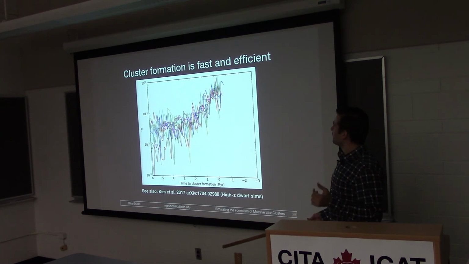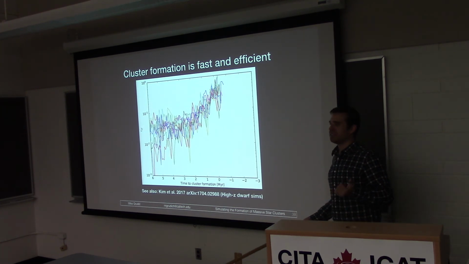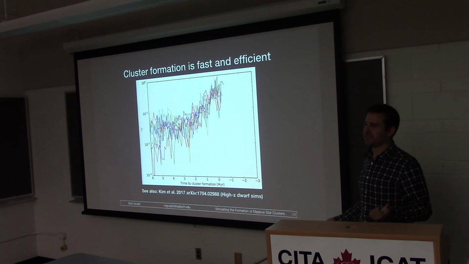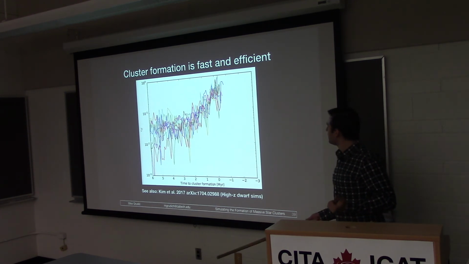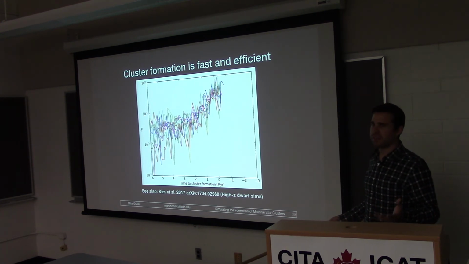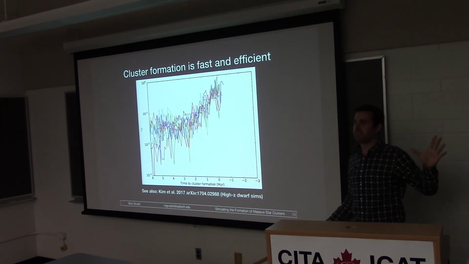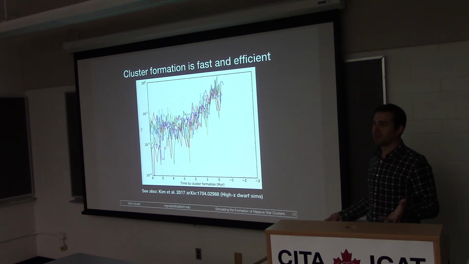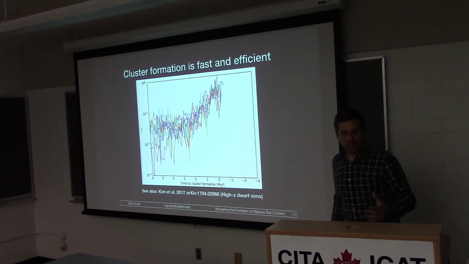But that's sort of a problem that's hard to get around because ultimately any measure of star formation efficiency is an accounting problem. So yeah, it's tricky. Do you count the gas that's in the very diffuse medium surrounding the cloud, for example? Because that will bring down your estimate.